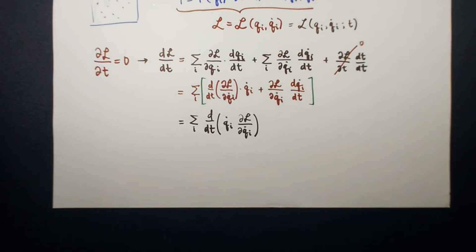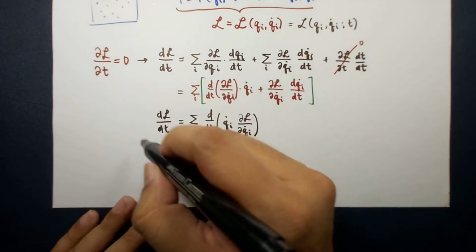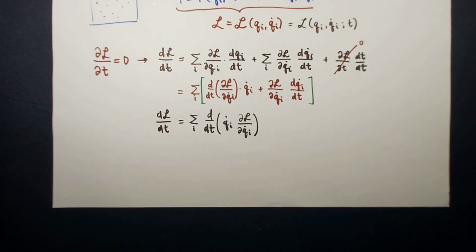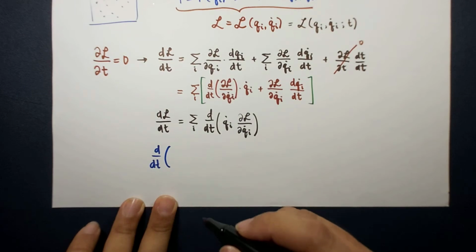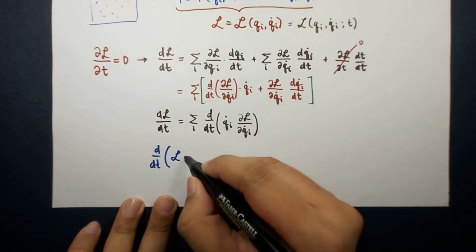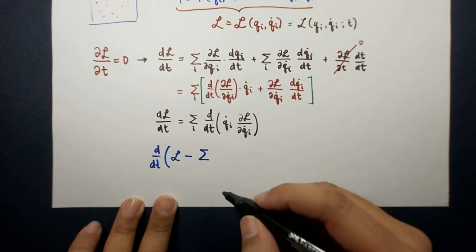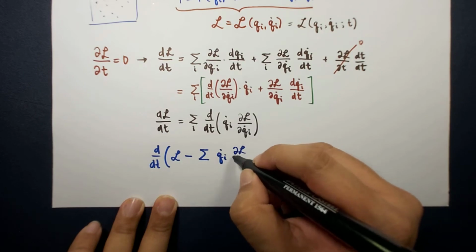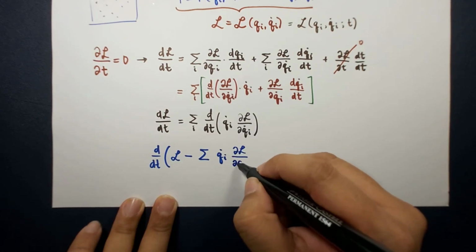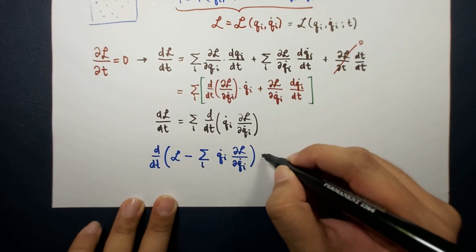Now, because this is the total derivative of L with respect to time, we can rearrange this as follows: the total derivative of the Lagrangian minus the sum of qi dot times the derivative of L with respect to qi dot is equal to 0.